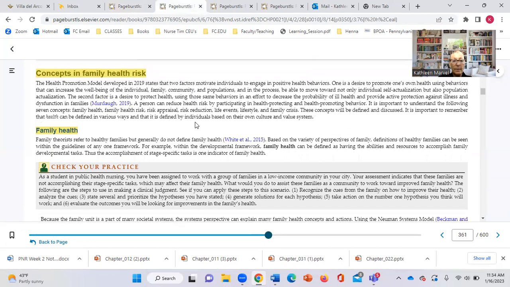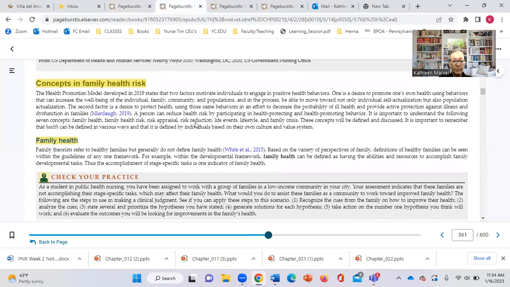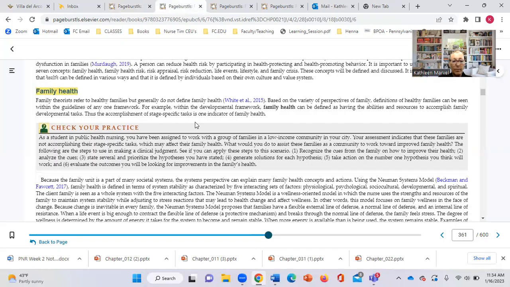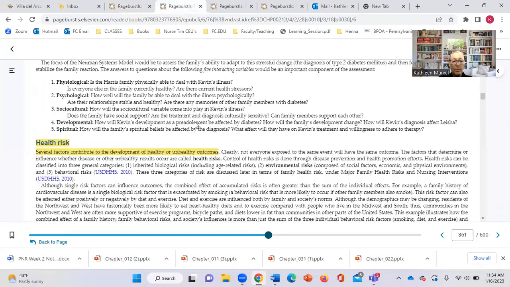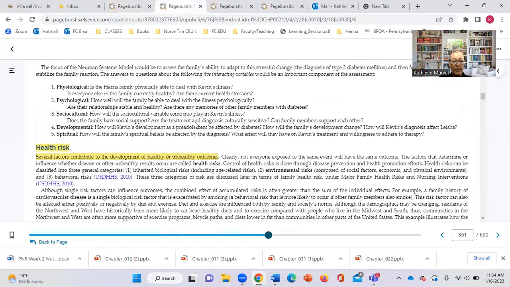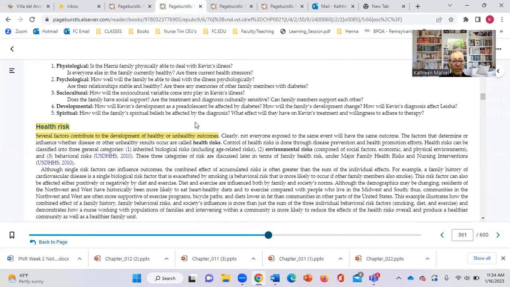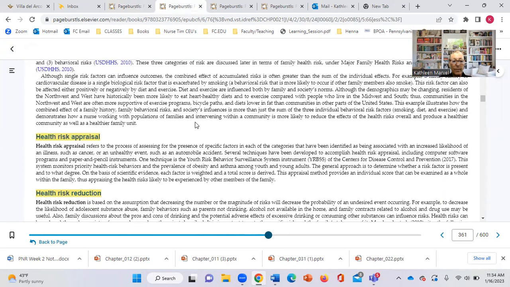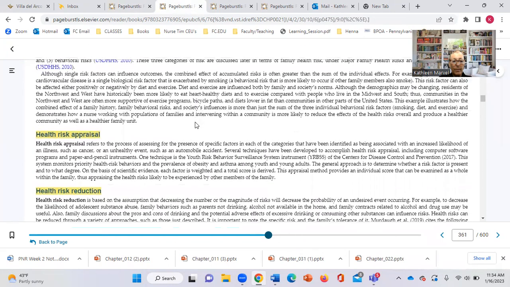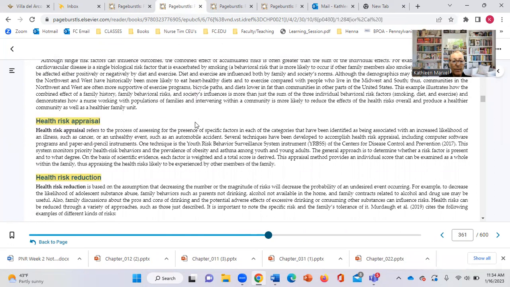Okay, so what are the concepts of family health risk? The concepts, first, is the health risks, right? Several factors contribute to the development of healthy or unhealthy outcomes. Okay, we have to be able to perform, again, think ADPI, a health risk appraisal, right?